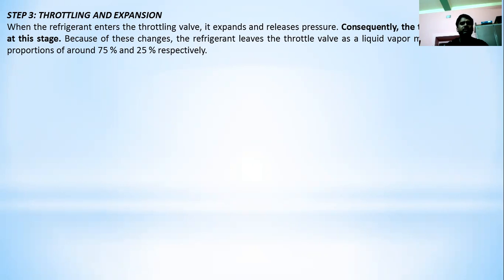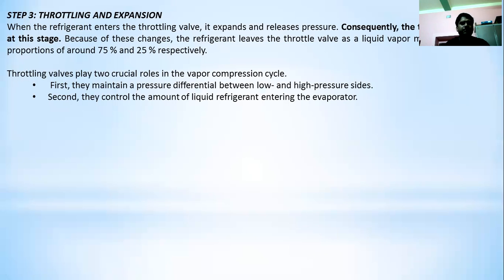That means the liquid portion is 75% and vapor is 25%. Throttling valves have two important roles. Number one, they maintain a pressure differential between low and high pressure sides. Number two, they control the amount of liquid refrigerant entering the evaporator.